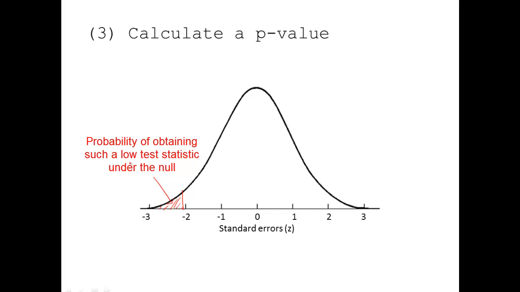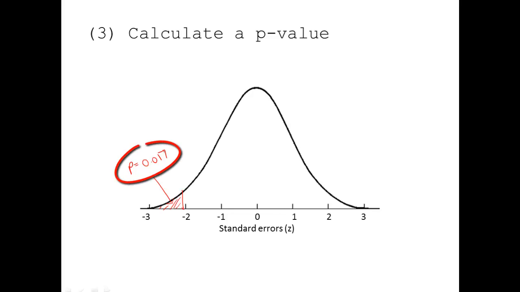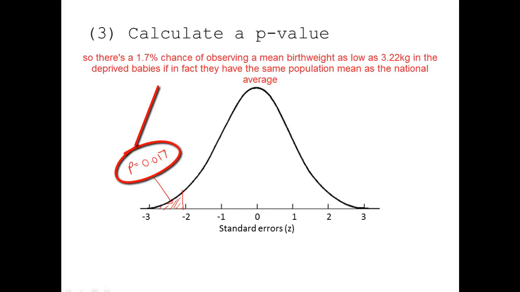So we usually use statistical tables or a computer program to calculate that probability, and we get a value of 0.017. There's about a 1.7% chance of observing a mean birth weight as low as what we saw if in fact the mean birth weight in deprived areas of Bristol is the same as the national average.